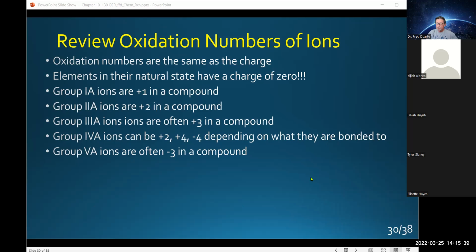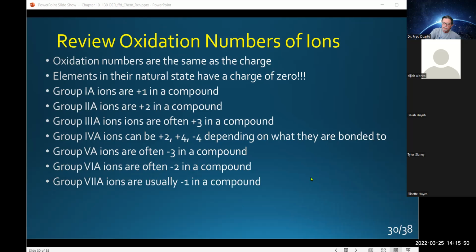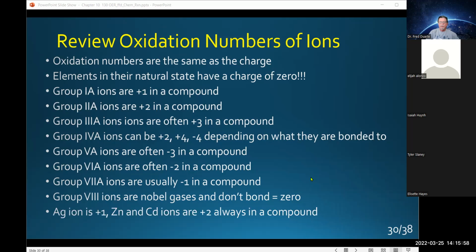They're getting closer to the noble gases, and all they've got to do is pick up 3, 2, or 1 electron to get that octet fulfilled. So group 5 will pick up 3, group 6 picks up 2, group 7 picks up 1. And obviously the noble gases are inert. Their octets were fulfilled and they're not going to do anything.